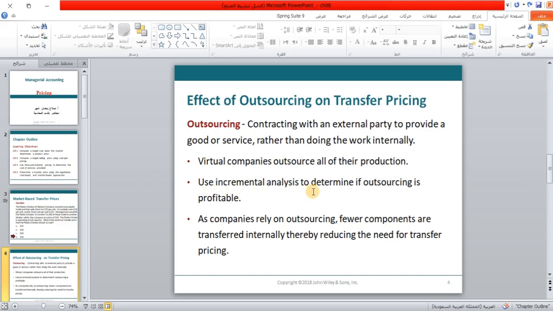Use incremental analysis to determine if outsourcing is profitable. What is more profitable, make or buy? Make internally or buy from outsourcing? As companies rely on outsourcing, fewer components are transferred internally, thereby reducing the need for transfer pricing.